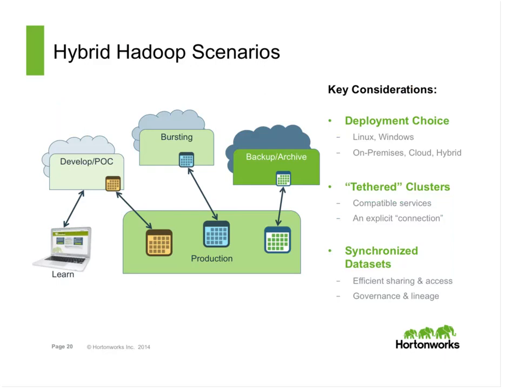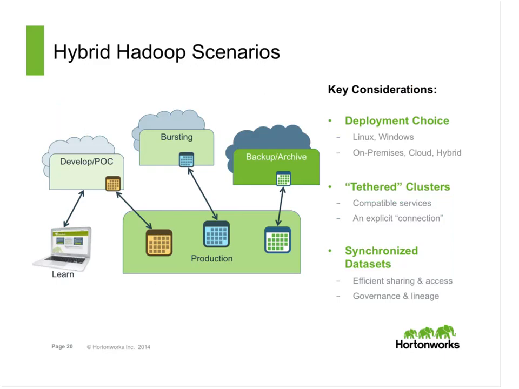So John talked about a number of scenarios. I want to reinforce those scenarios. We are seeing those. One is around development or proof of concept, where those can be done in the cloud. Another is that you can do bursting when you have peaks or spikes.